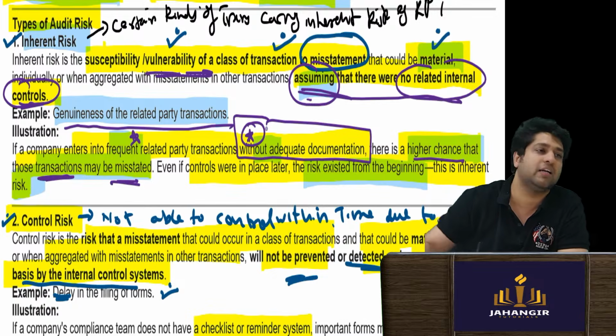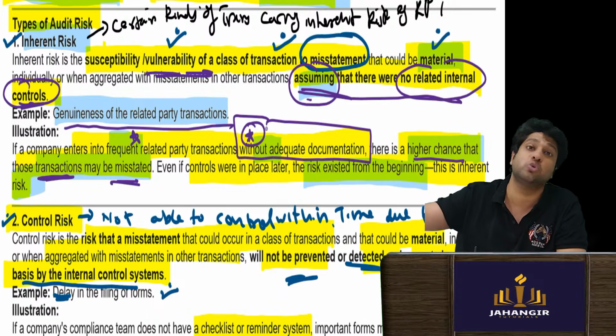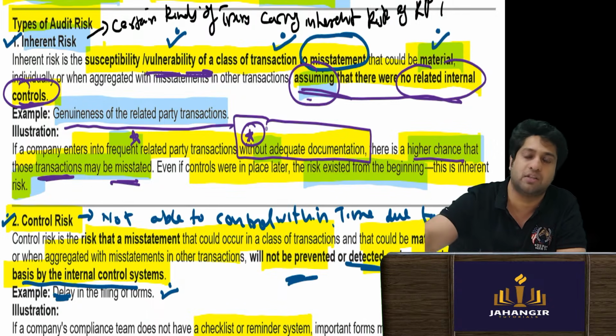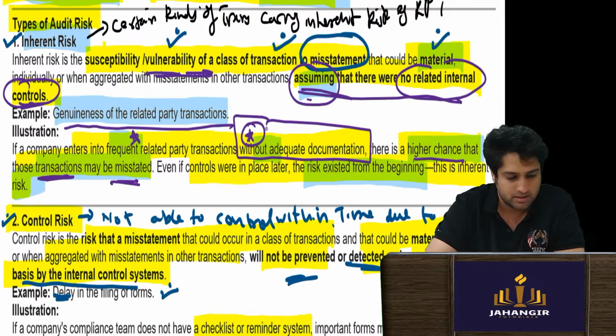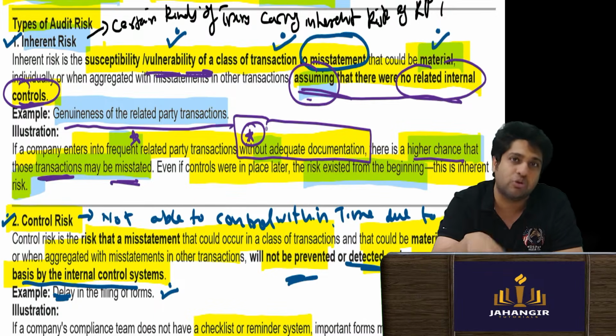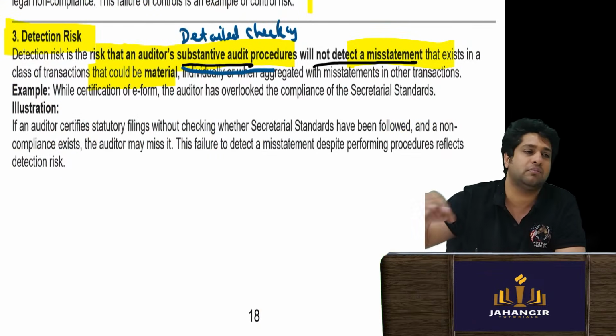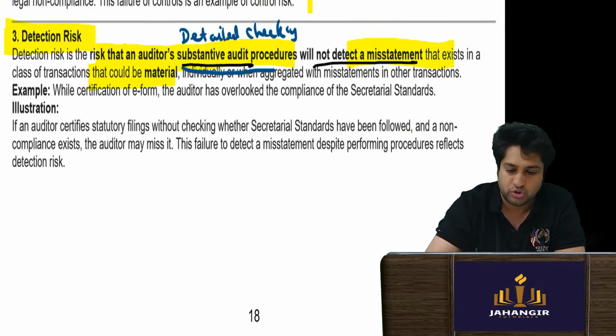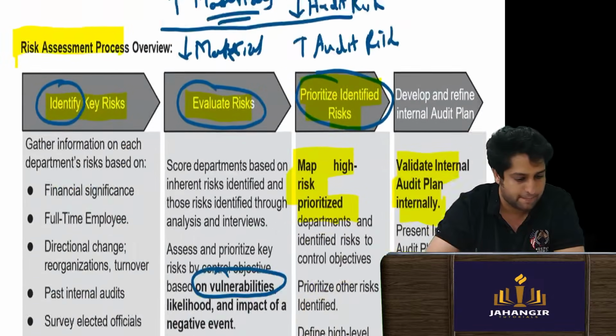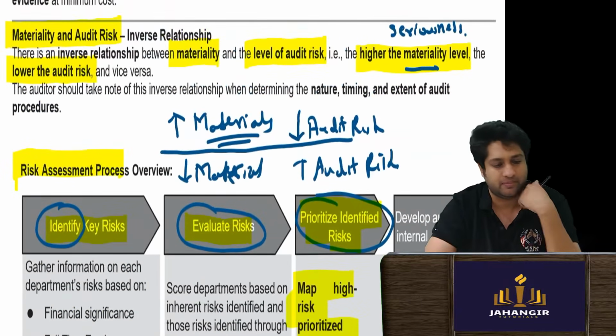So inherent risk comes when there are no internal controls. Control risk is when your internal controls are failing, and detection risk is that even after doing everything, you can still miss out. Then comes materiality and audit risk.